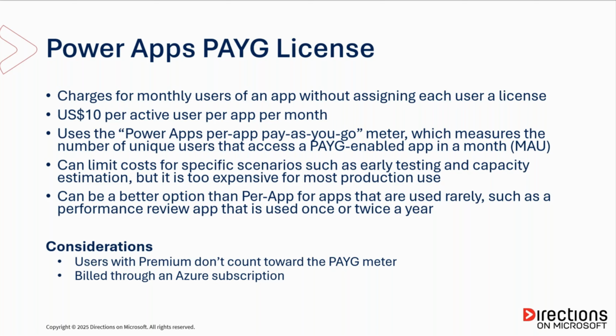And that could perhaps be optimally licensed using the pay-as-you-go option. As with the per app license, if a user already has a premium license, they're not going to increment the pay-as-you-go meter when they use that app because, again, they have the right to run an unlimited number of apps with their premium license.